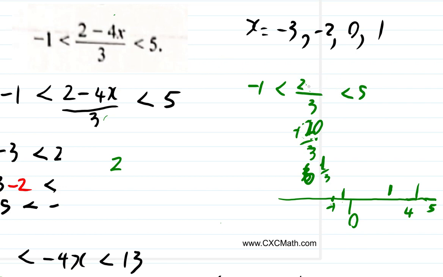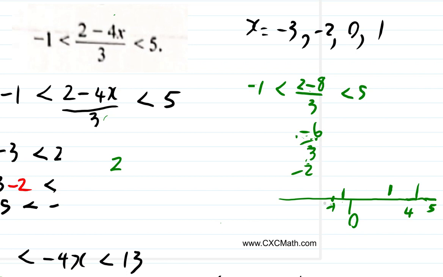2 minus 4 twos is 8. 2 minus 8 is negative 6. So negative 6 over 3 is negative 2.